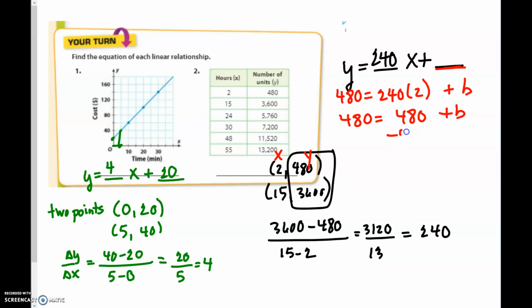So what happens here is I subtract 480, and I end up with 0 equals b. So you can certainly put that 0 in there if you want. On a test, I would not mark that wrong. But the equation is y equals 240x, which is telling me when I graph this, it's going to go through the origin of 0, 0.